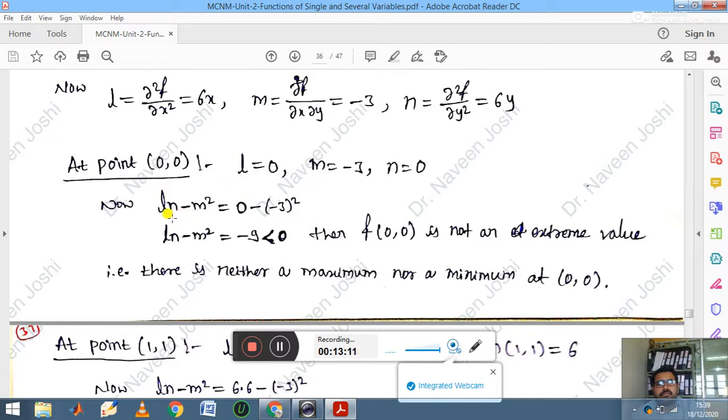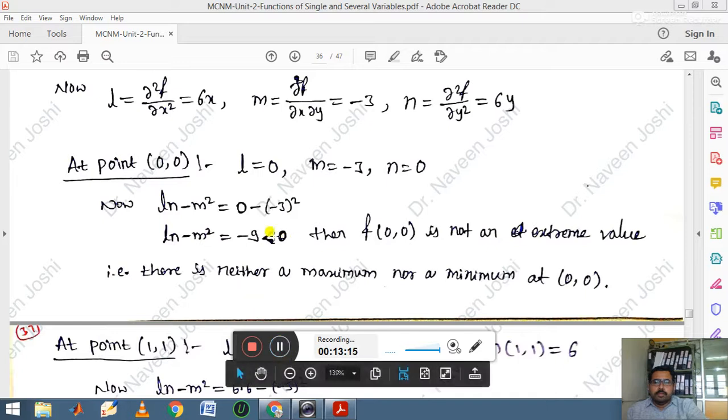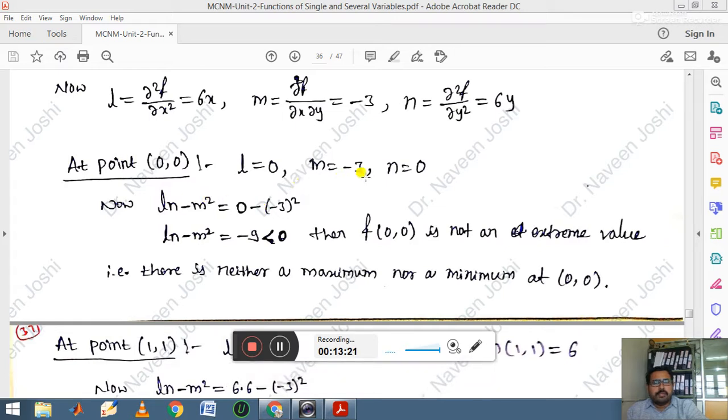Then you go for calculation of ln minus m square. That means L value 0 minus m square, which is minus 3 whole square. If you solve this, your answer is minus 9. So ln minus m square is negative.